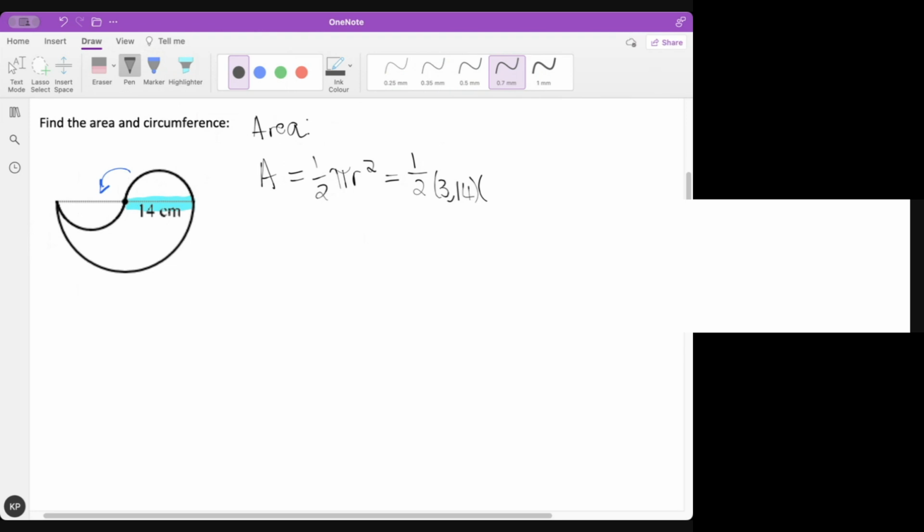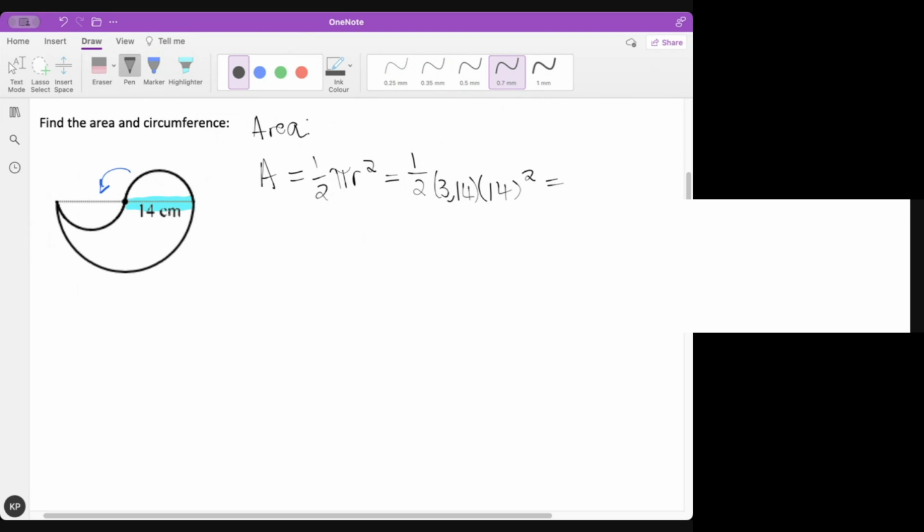Rachile says 7. Just think about which area we are figuring out. The one of the big semicircle. So the radius is 14 squared. Nice, guys. Can we have calculator boffins out here doing their thing? What's the area?